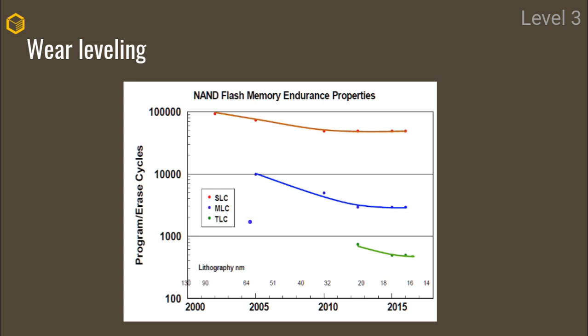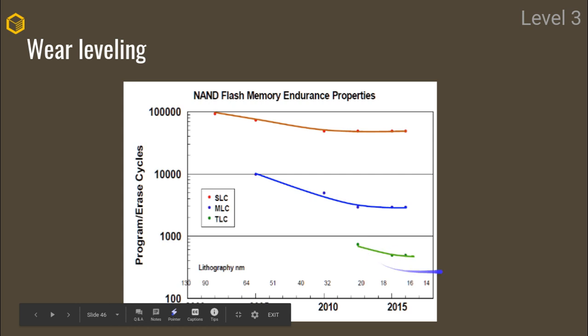The problem with it is you can clearly see that depending on the technology I use, but it is true anyway for all of these processes, my bits have a certain amount of endurance for program and erase cycles that in some cases can be really low. I'm looking here at less than 1,000.